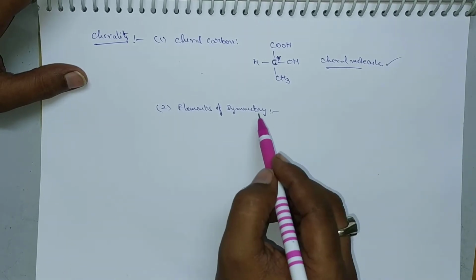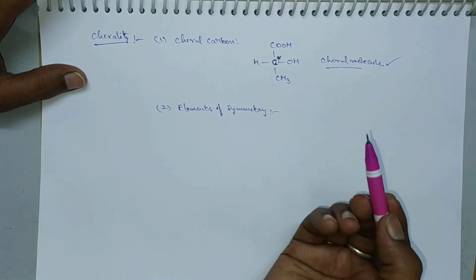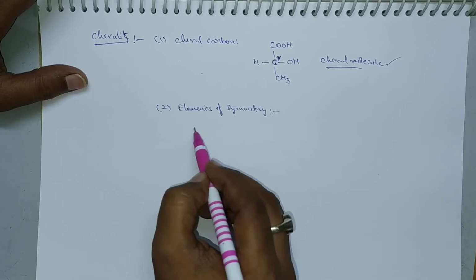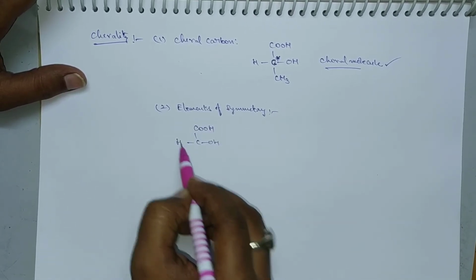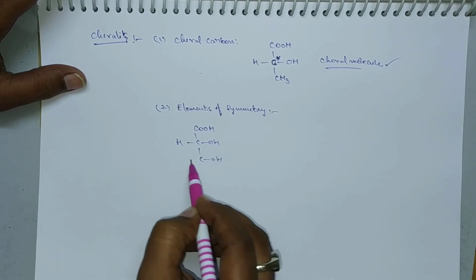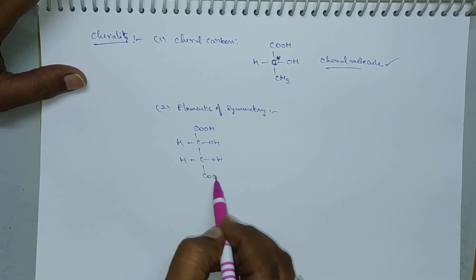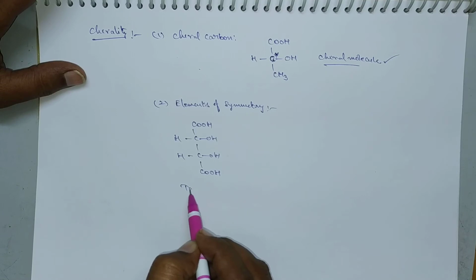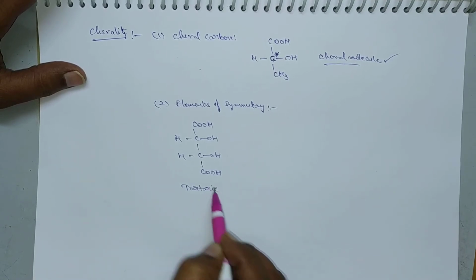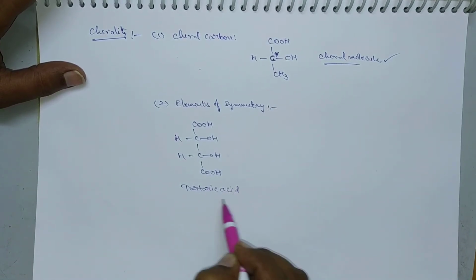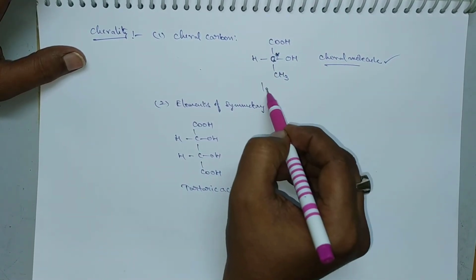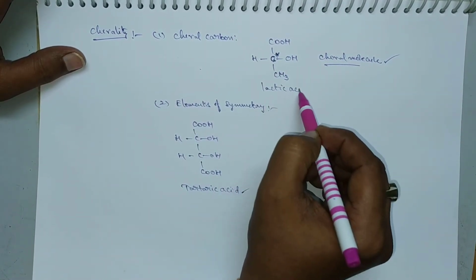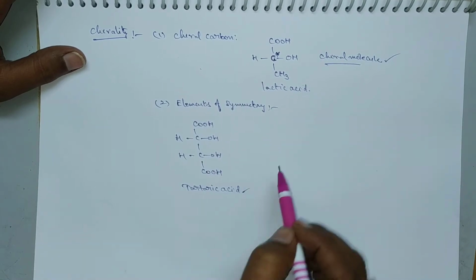Plane of symmetry means the plane which divides the molecule into two equal halves. Suppose you take this molecule, tartaric acid. This tartaric acid is present in tamarind. This is lactic acid, which is present in milk.